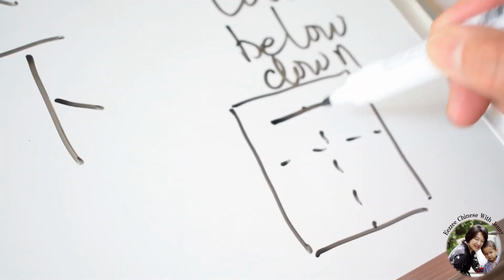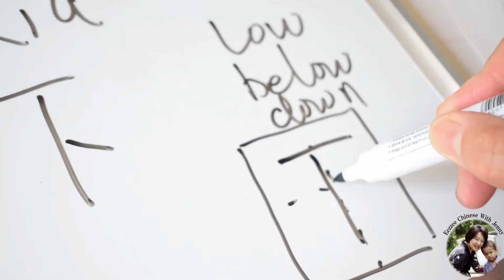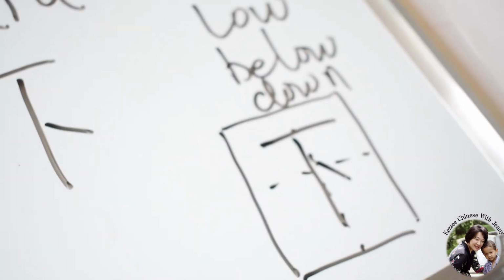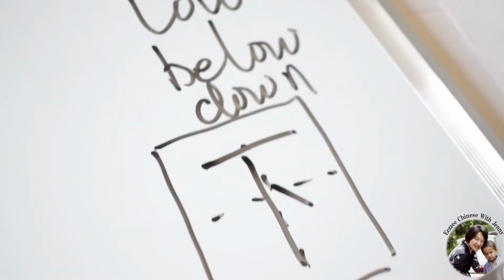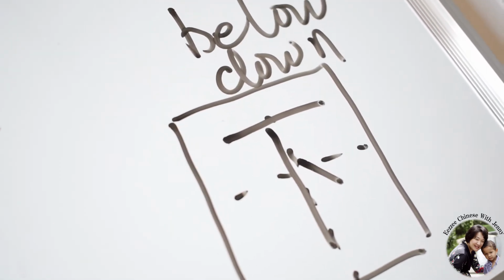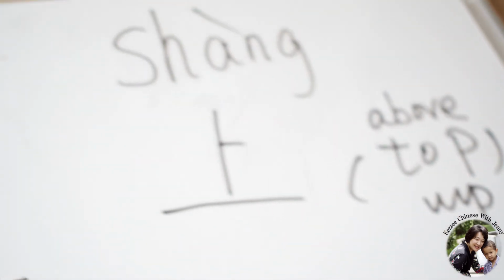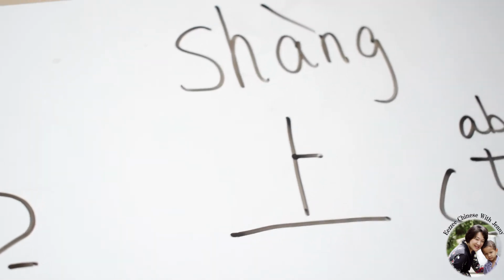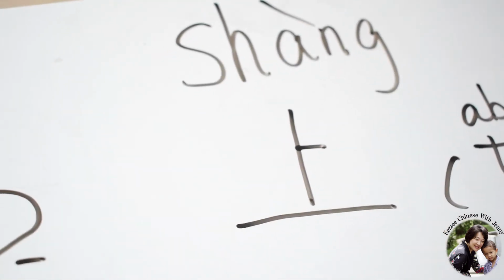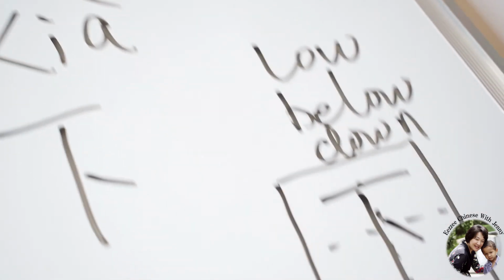In a square shape, xia means below, low, or down. This can also be a verb. Shang means going up. Xia means going down.